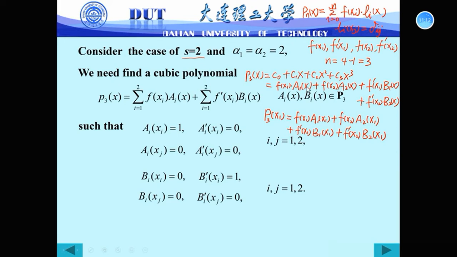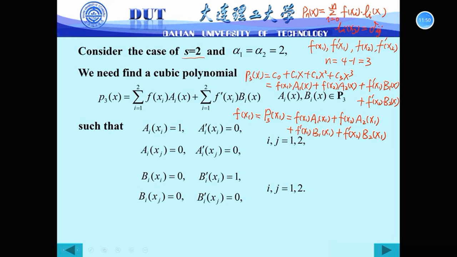We substitute x by x1 everywhere. Because we want P3 to satisfy the interpolation condition, that means it is equal to the function value f(x1). Here already f(x1), so we need a2(x1) equal to 0, b1(x1) equal to 0, b2(x1) equal to 0, and a1(x1) equal to 1.